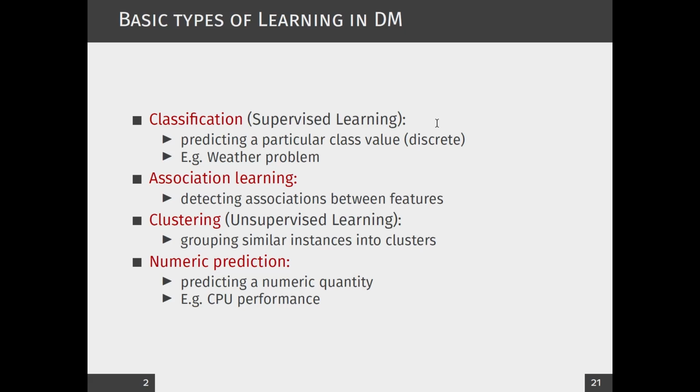For example, we are going to see a weather data set. I think I showed you last time in the lab session. We are going to decide whether to play or not based on different weather conditions. This kind of problem we know as a classification problem.